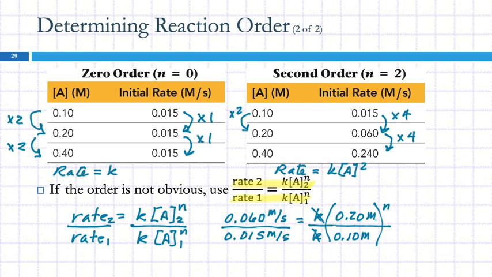So 0.06 divided by 0.015. And as we already figured out up there, that's 4. So that's 4. 4 equals this number, 0.2 divided by 0.1, which comes out to be 2 raised to the nth power.